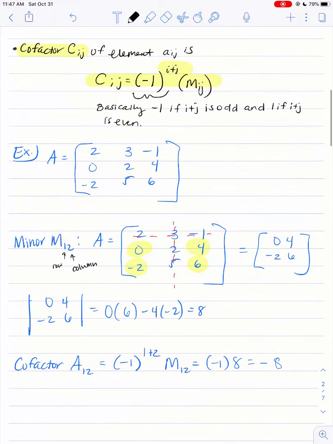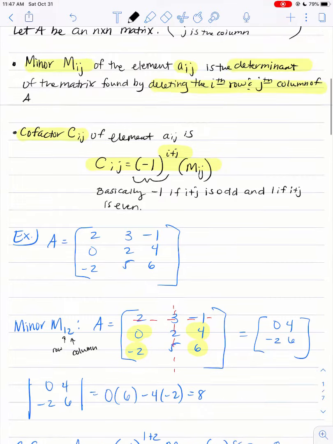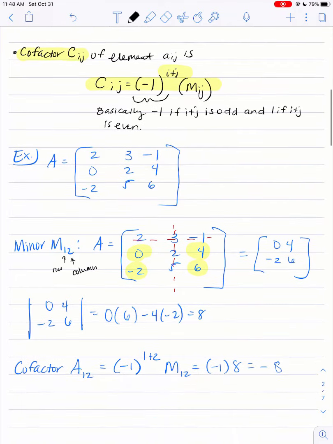With minors, we're deleting the ith row and jth column, so here the first row and the second column. I have dashed the first row and the second column, so I canceled those out, and our minor is what's left, which is highlighted yellow. So I have 0, 4, -2, 6.